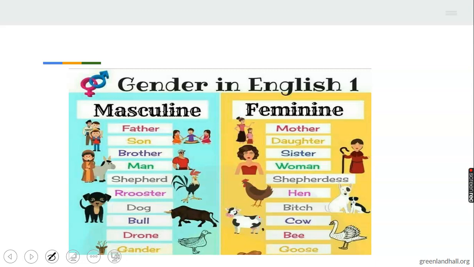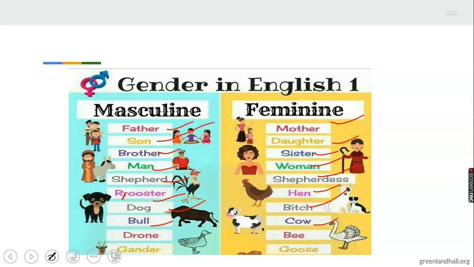Look at this. Father, mother. That's masculine, feminine. Son, daughter. Brother, sister. Man, woman. Shepherd, shepherdess. Rooster, hen. Dog, bitch. Tell me, bull, what's the feminine?